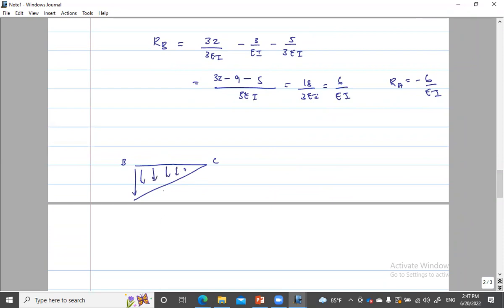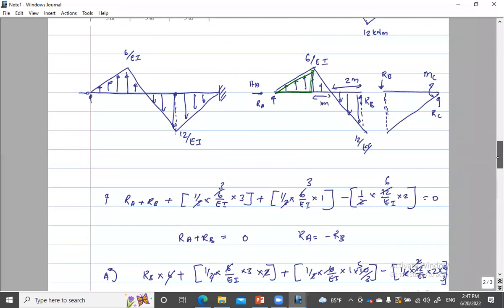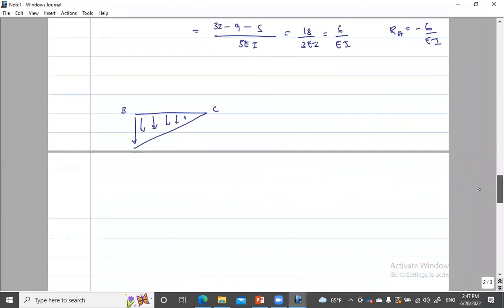The load is 12 over EI, and an additional RB. RB is 6 over EI. Now here there will be a reaction RC and a moment MC.